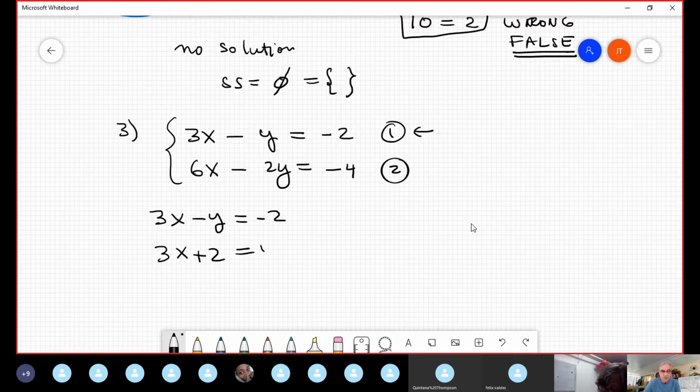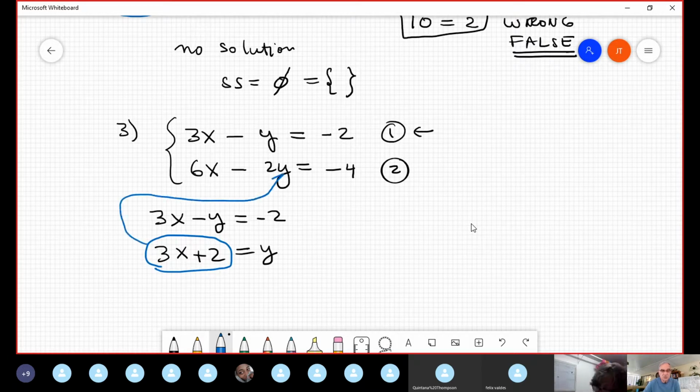You take this expression and substitute it in the other equation, equation number 2, and you copy 6x minus 2 parentheses 3x plus 2 equals negative 4.